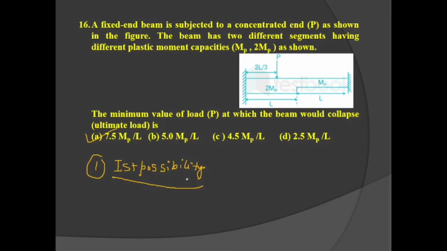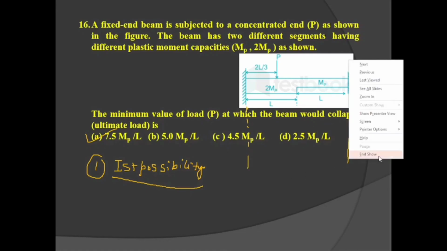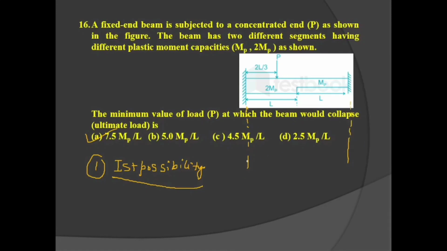In the first possibility, the complete beam is assumed as a mechanism. Here the plastic moment is there, and this type of behavior, plastic moment is there. So MP into theta, 2 MP theta, and MP into theta, but both angles are different.